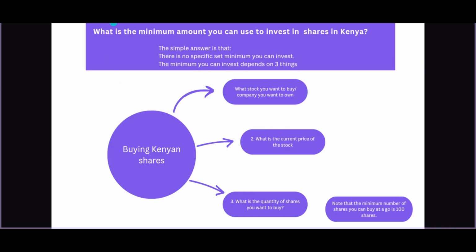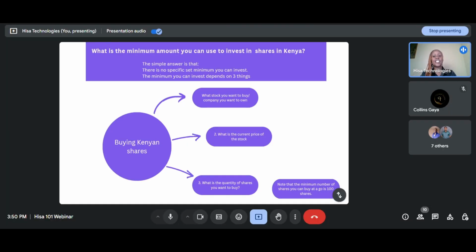So, back to the basics. What is the minimum amount, that is money, you can use to invest in shares in Kenya? The simple answer is there's no specific set minimum that you can invest. The minimum amount depends on three things.